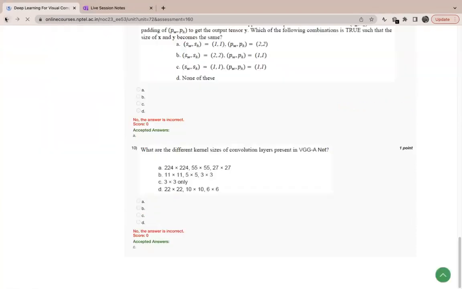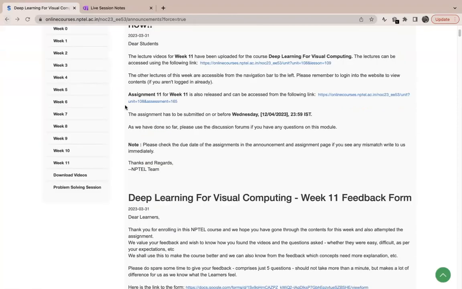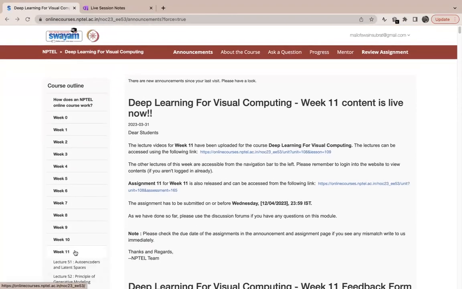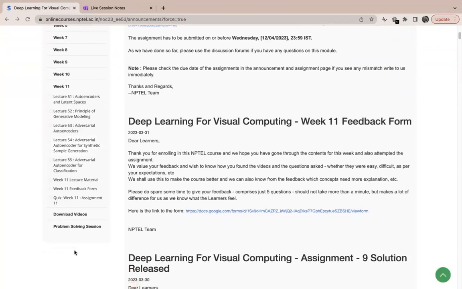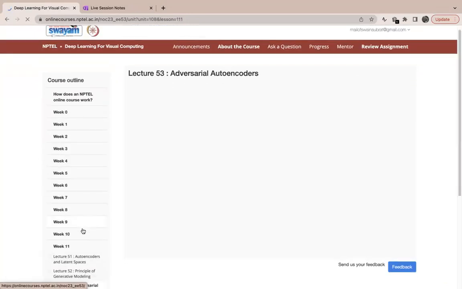Let me see how many weeks they are going to cover here. This is week 11. So week 11, adversarial autoencoders, classification, synthetic.